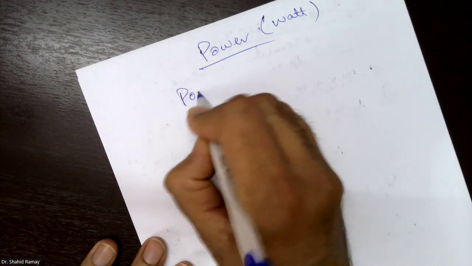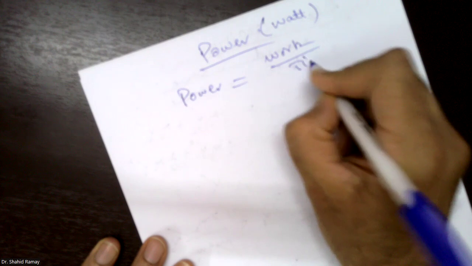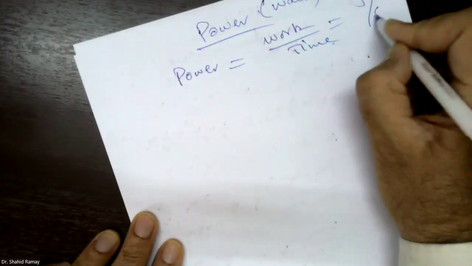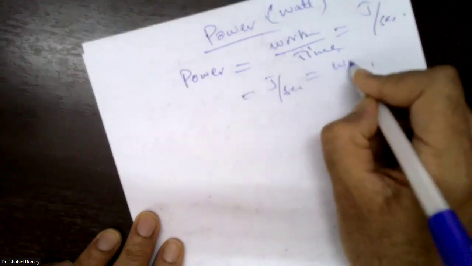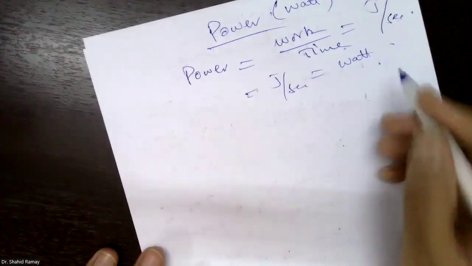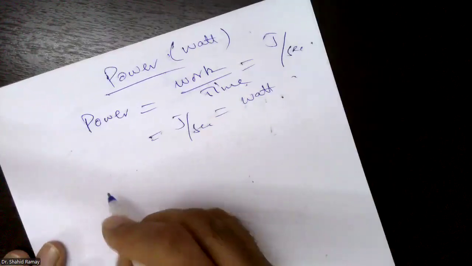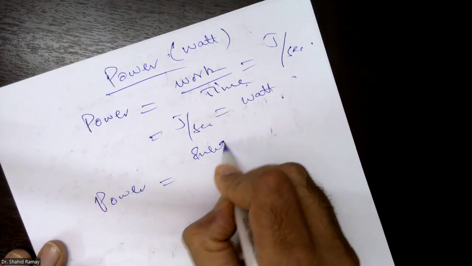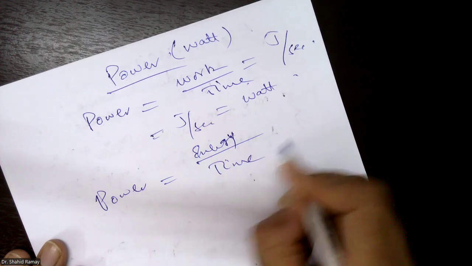So power is equal to work done divided by time, where work is in joule and time is in second. So joule over second is equal to watt. One thing: work and energy have the same units, so you can write power as energy over time.